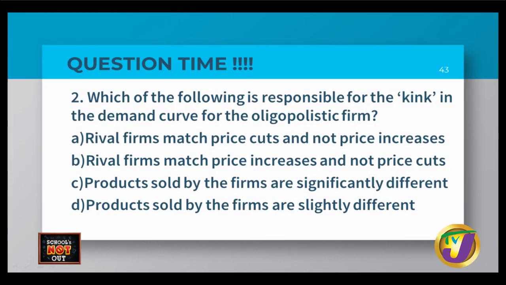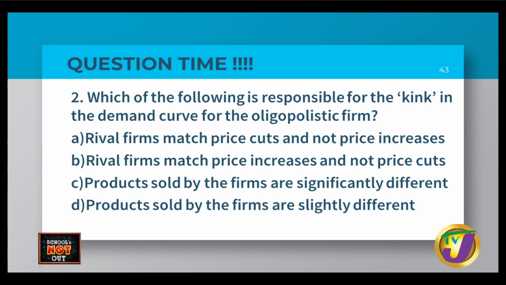Now let's look at the second question. It says, which of the following is responsible for the kink in the demand curve for the oligopolistic firm? Is it A, rival firms match price cuts but not price increases? B, rival firms match price increases but not price cuts?